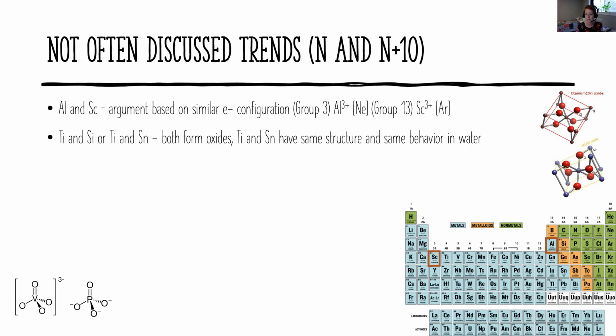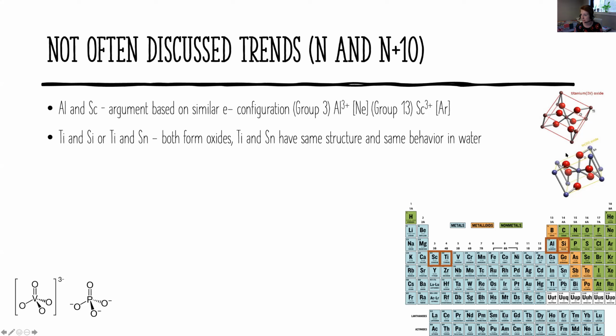So let's look at another one. Here's titanium and silicon. Again, you have similar numbers of electrons that can be lost. Here's a unit cell structure for titanium 4 oxide, and you can see that rutile structure where you've got a coordination number of 6 for the titanium on the inside, and then you've got these different holes that are filled in this face-centered cubic oxide structure.